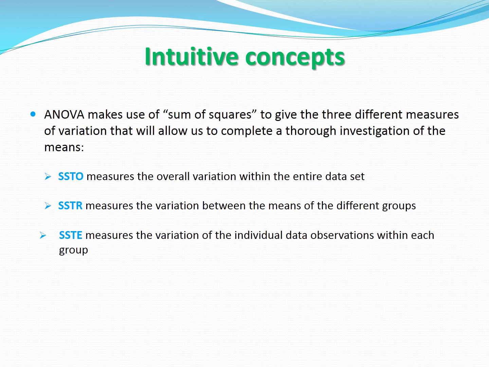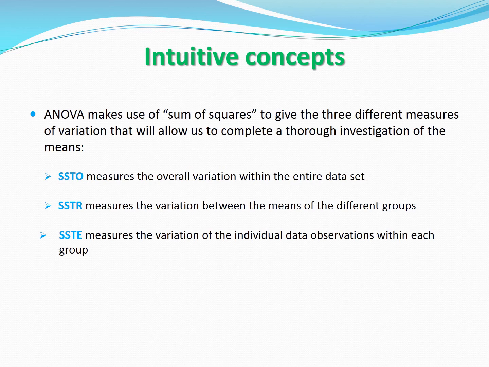ANOVA makes use of the sum of squares to give the 3 different measures of variation that will allow us to complete a thorough investigation of the means in the hypothesis test. The first measure that we use is SSTO, the total sum of squares, which measures the overall variation within the entire data set.